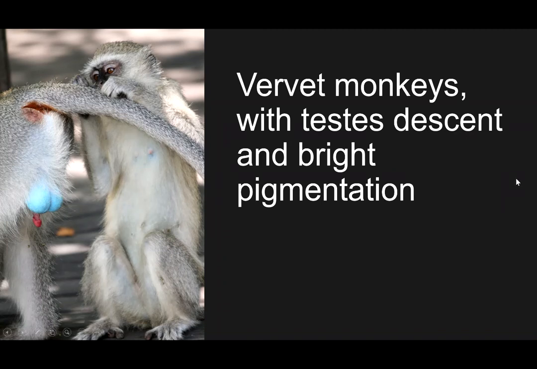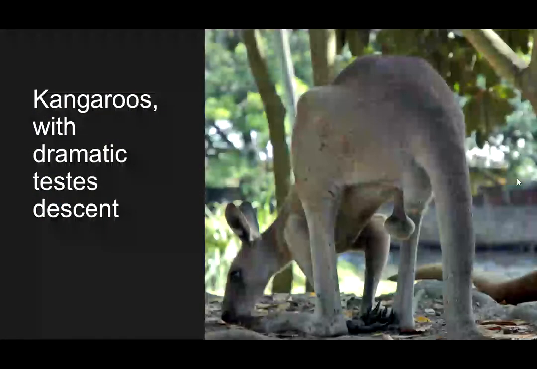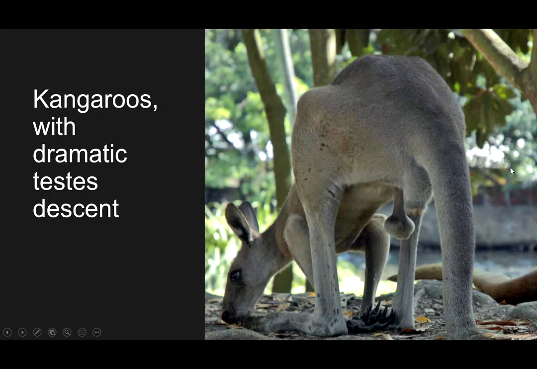Other animals do have that scrotal sac that hangs below the body. For example, you can also see a pretty dramatic testes descent and outside of the body scrotal sac in kangaroos.